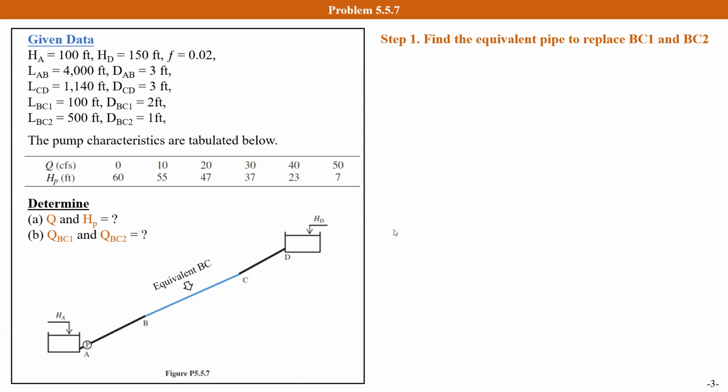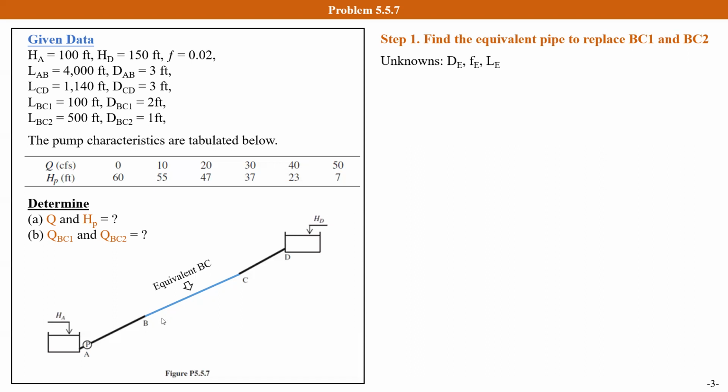By applying the equivalent pipe method, we need to solve for 3 unknowns: the equivalent diameter, friction factor, and length. We can arbitrarily assign values to 2 of them and calculate the third parameter by applying the equation.